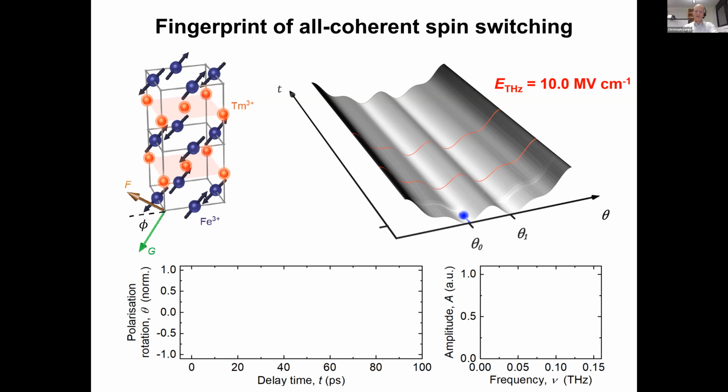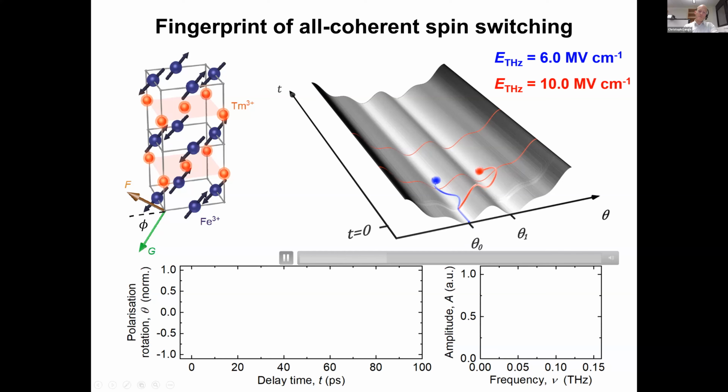So we start, there's the excitation here at time zero, both spins start to oscillate with very large amplitudes, but the blue one remains within its starting potential minimum. It performs coherent oscillations here, whereas the other one has enough initial momentum to cross the local potential barrier.